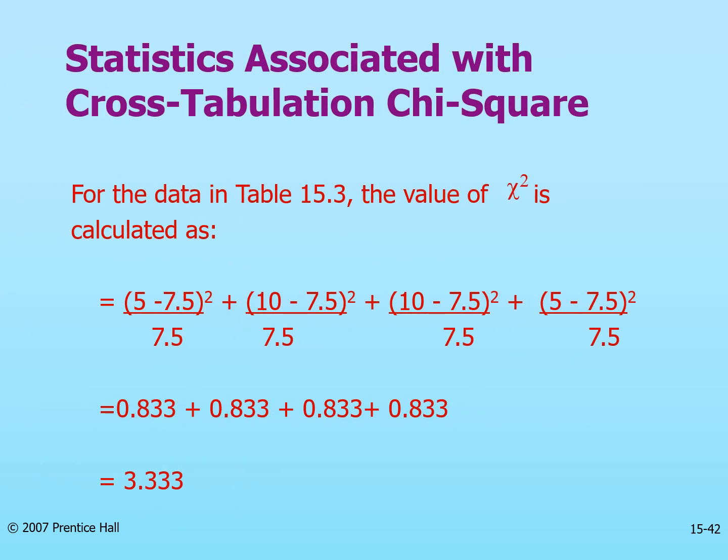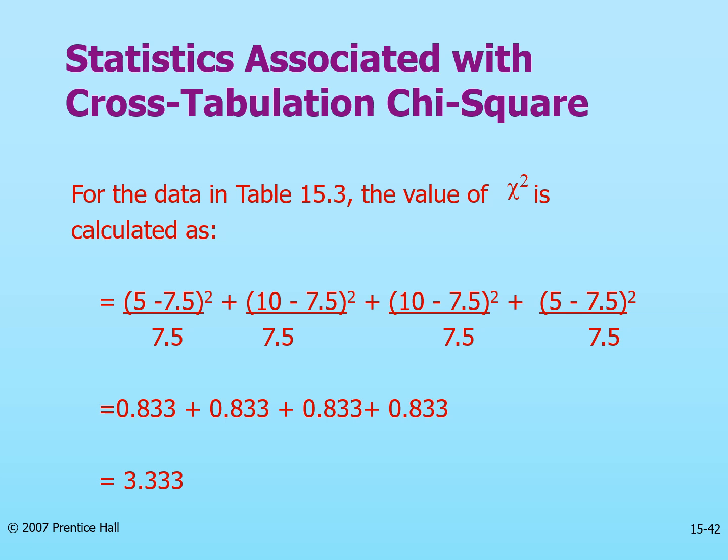So here, for the data in Table 15.3, we have seen 5 men, 10 female, 10 men, 5 women, and that is our observed value, minus 7.5, which is our expected value.